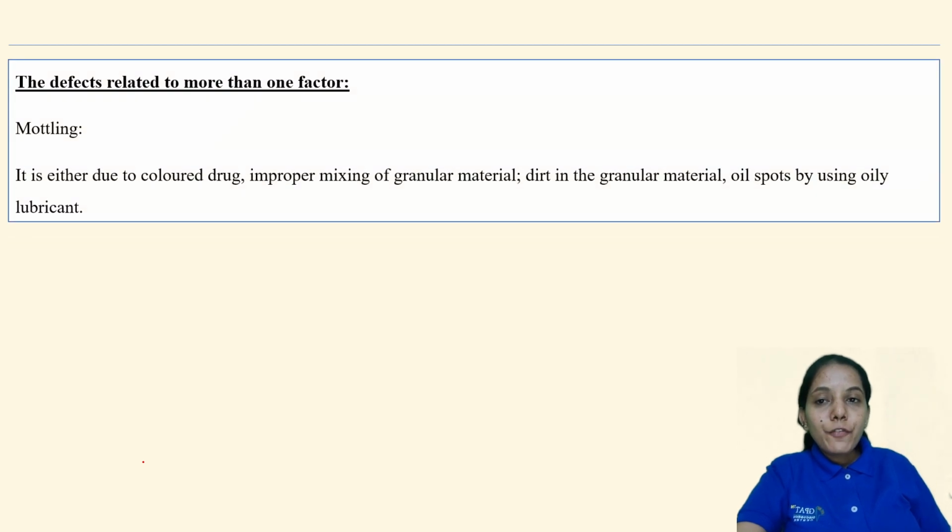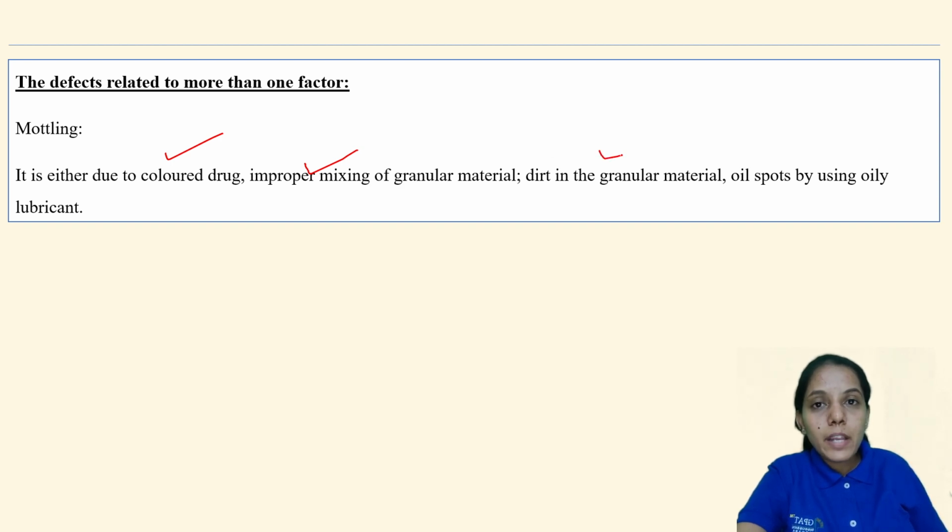Now next is the defects which are related to more than one factor, like mottling. It is either due to colored drug. Mottling is nothing but uneven distribution of the color. That uneven distribution can be due to colored drug, improper mixing of granule material. For example, granules are colored and those are not mixed properly, then there will be uneven distribution of the colors.